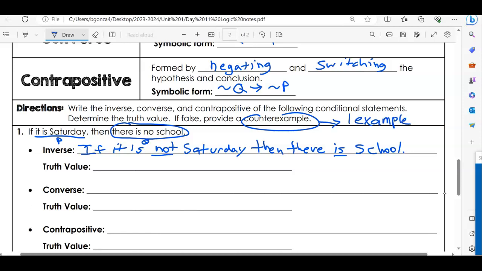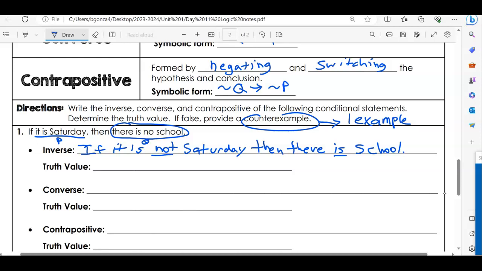If I said everyone in this room is a student, is that true or false? Even if it's mostly true, the statement is false, but we don't want to just say it's false. You have to give at least one example that proves it false.